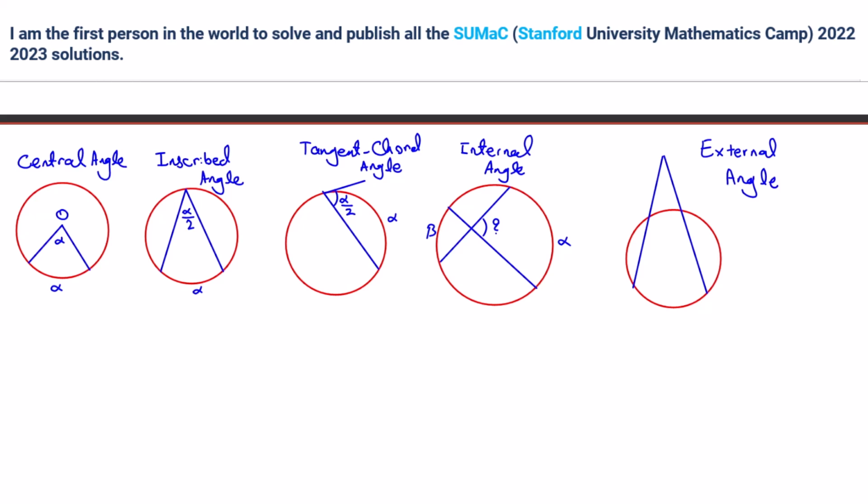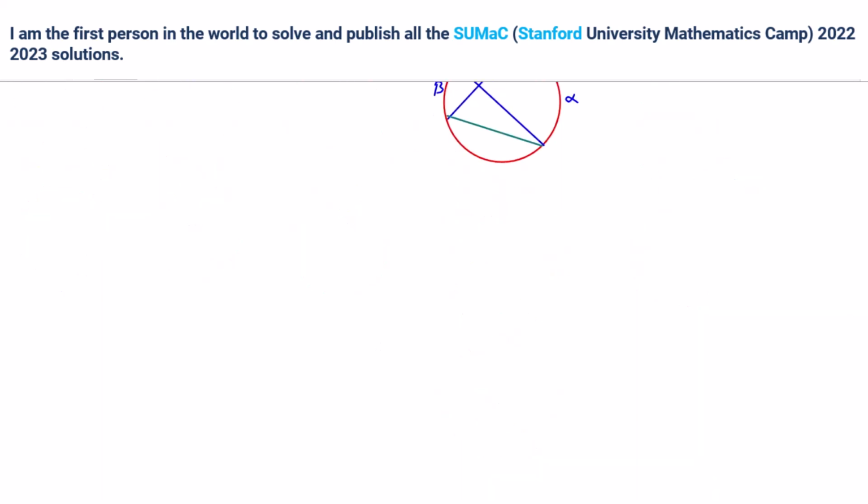Is it the same as beta because opposite angles are equal? No. Let me ask you this. Before that, let me check this one. It is an obvious thing. Suppose this angle is alpha, this angle is beta. What's this angle equal to?